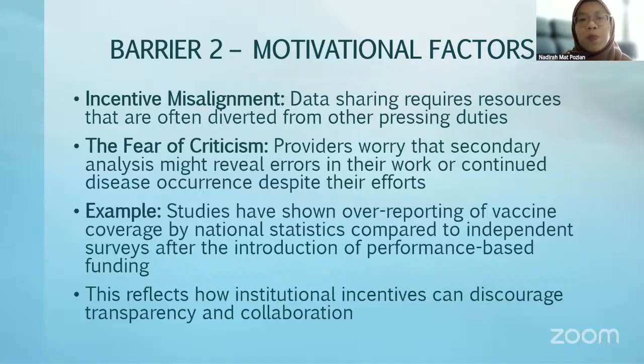And second, providers worry that secondary analysis might reveal errors in their work or continued disease occurrence despite their efforts. This is where I would say accountability. Sometimes people are afraid to share their data because of this.